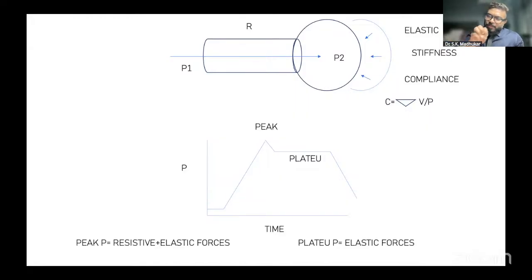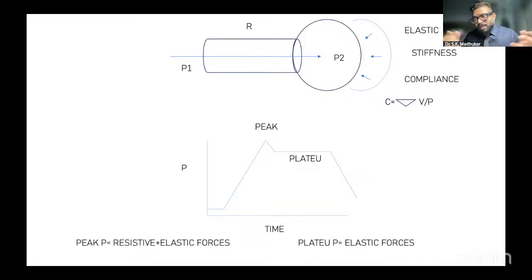For air to move into the alveoli, it has to overcome an opposing force. We call it elastic recoil. Elastic recoil is an inward force. So if air has to move into the alveoli, this elastic force has to be opposed. We also call it the stiffness of the lung, so that stiffness has to be opposed.